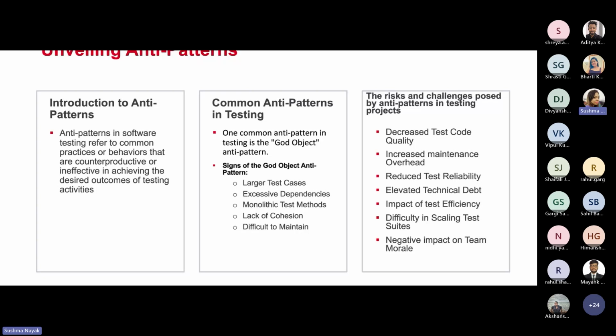This means that anti-patterns help testers and teams recognize common mistakes or practices they have been following, and by identifying these patterns, teams can proactively address them and improve their strategies by implementing more design patterns in their testing.